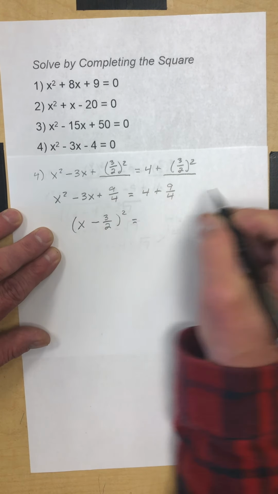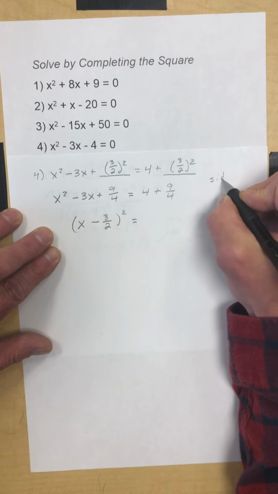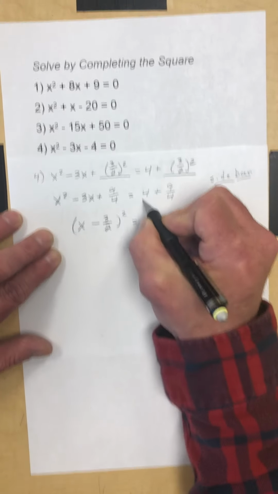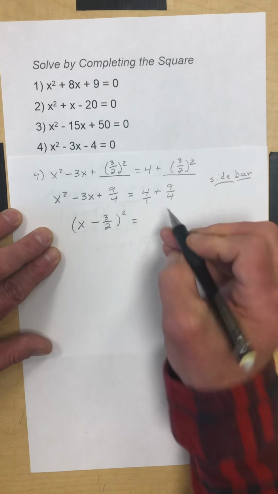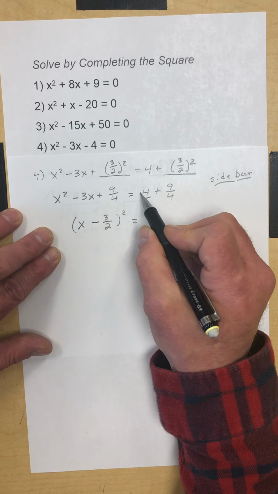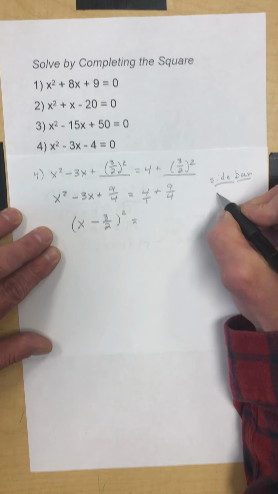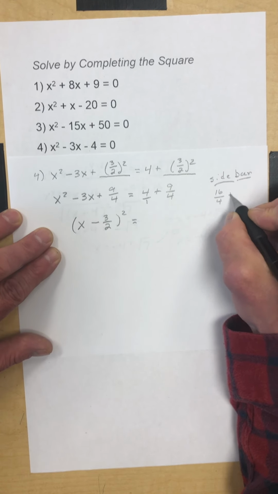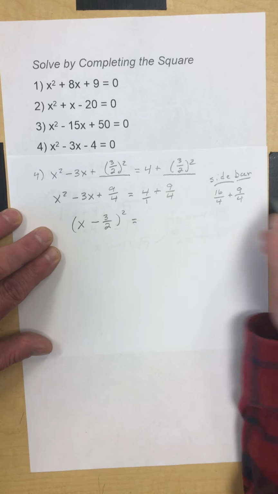Okay, a little sidebar over here again. Once again, I should have gone to law school. Okay, that's like 4 over 1. So notice my common denominator would be 4, so I'd have to multiply above and below by 4 here. So that gives me 16 fourths plus 9 fourths.